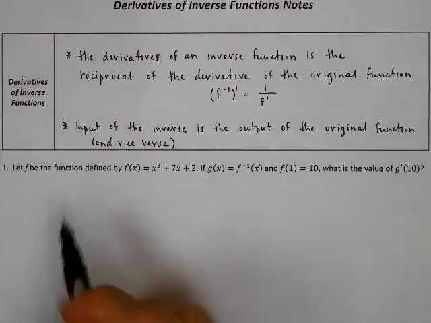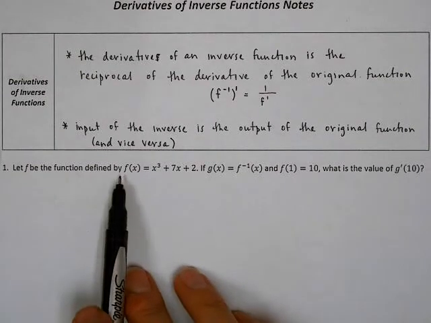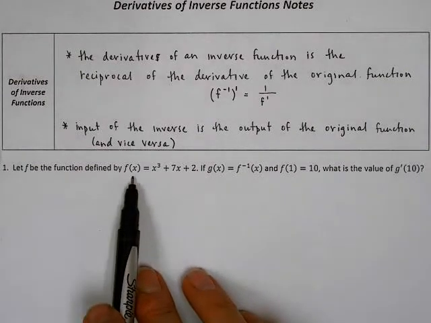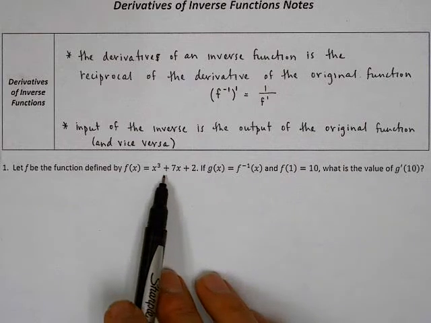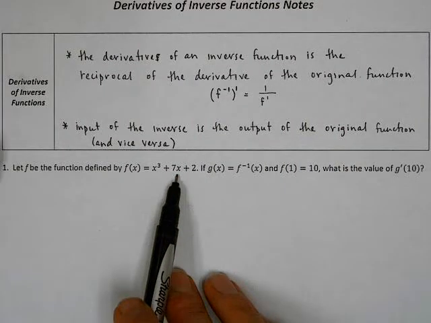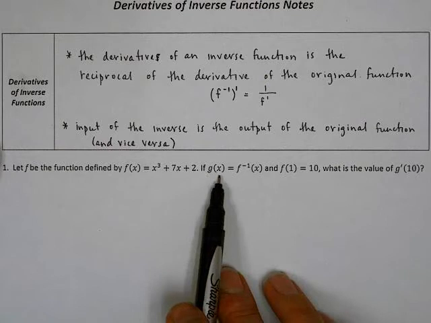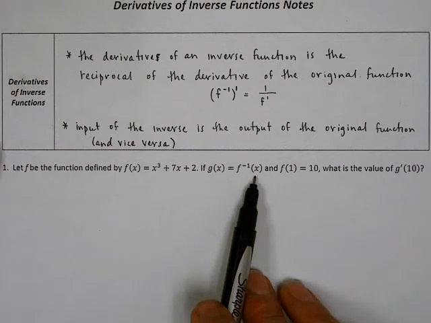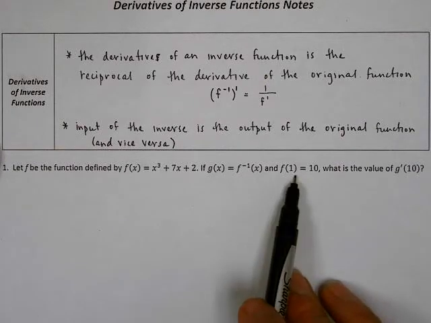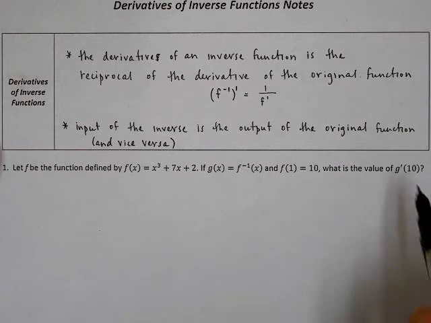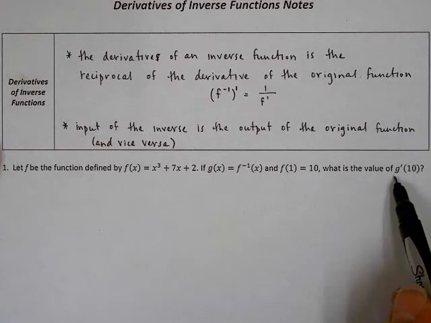So this problem tells me that f is the function defined by f of x equals x cubed plus 7x plus 2. Then they tell me that g of x is the inverse of f of x and that f of 1 equals 10, and I need to find the value of g prime of 10.